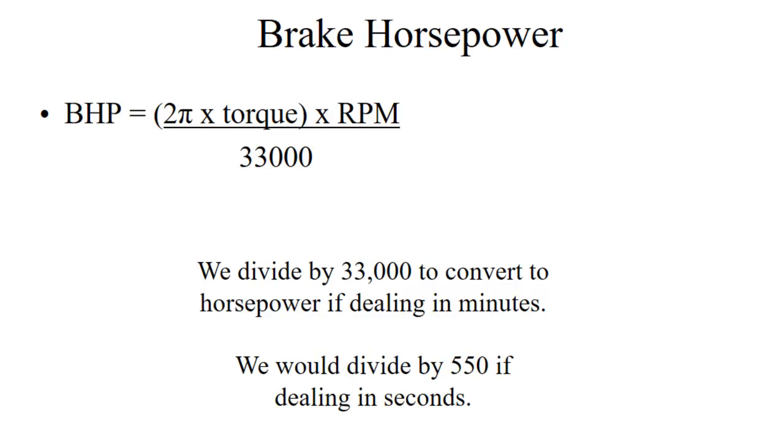The RPM gives us the rate at which we are doing the work. We divide by 33,000 because we're using revolutions per minute, which is what our tachometers read. If we use revolutions per second, we would divide by 550 instead, but we don't. We use minutes, so we're going to divide by 33,000.